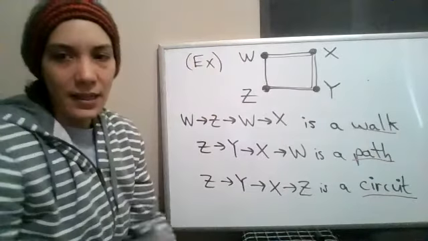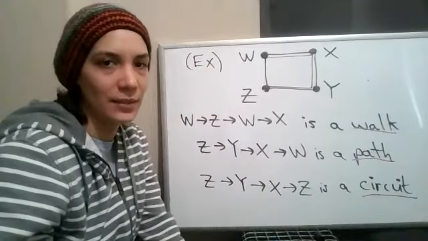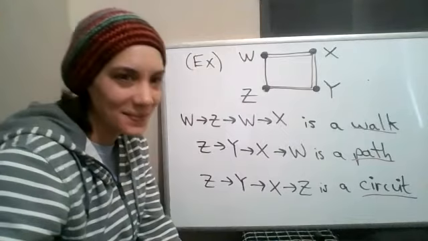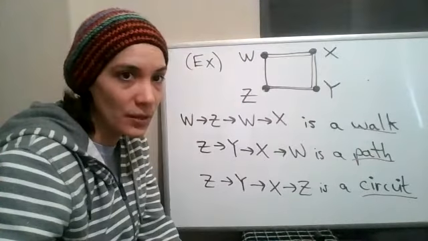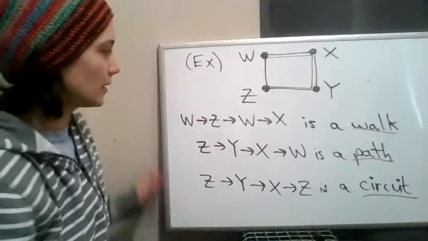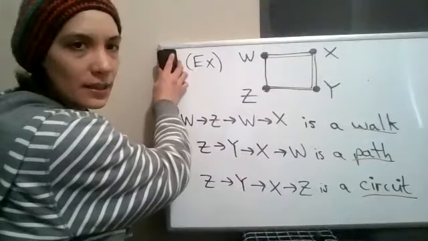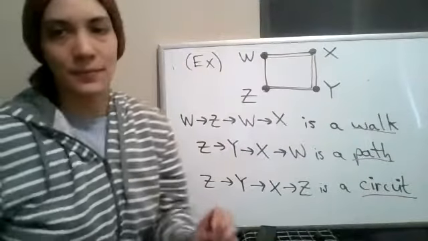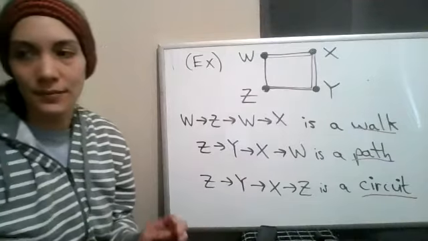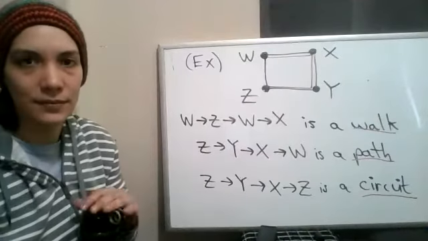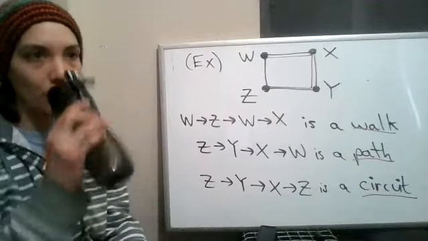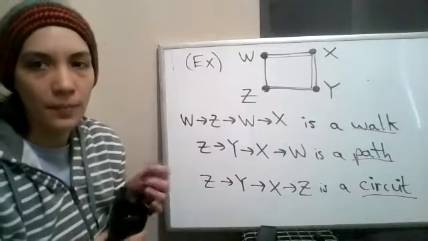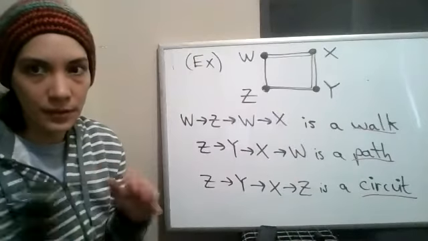Okay, and then examples for the rest of class. So this time we have a graph and a sequence. Professor, I have a really quick question. Oh yeah. In terms of the circuit in this example, how come we're able to skip W?